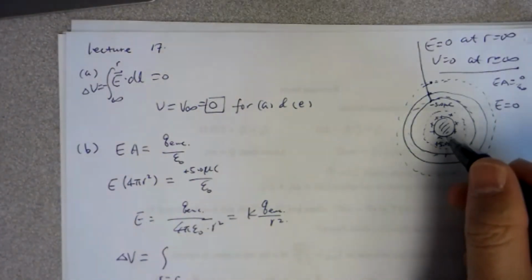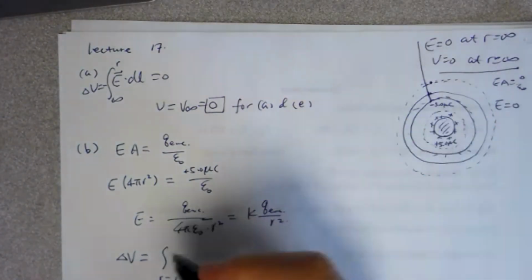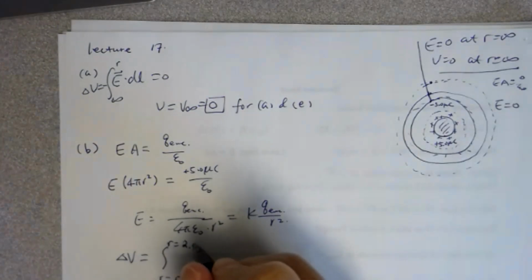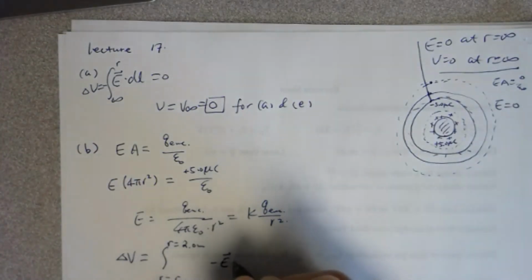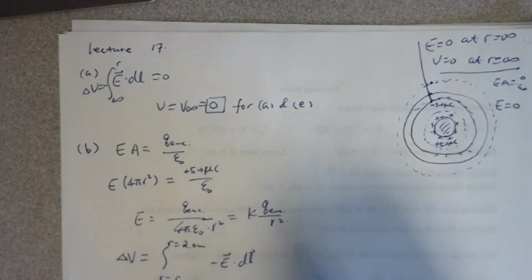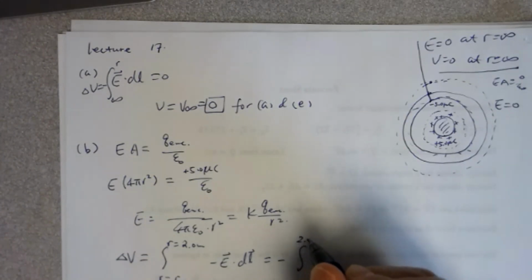To any point. So if we are looking at this, then R equals 2. Okay, so this is what we'll be doing. Minus E dot dL, where the minus goes in front, from 2.0 meters to 5.0 meters.